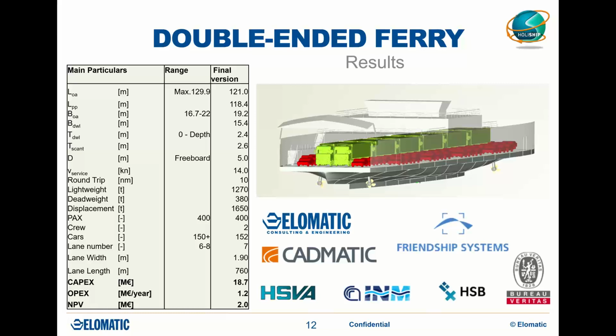So based on rules and regulations, it was noted that if we have lengths higher than 130 meters, we would need an additional helicopter landing area for our ship, and it was not our intention, so we limited the range up to 130 meters.